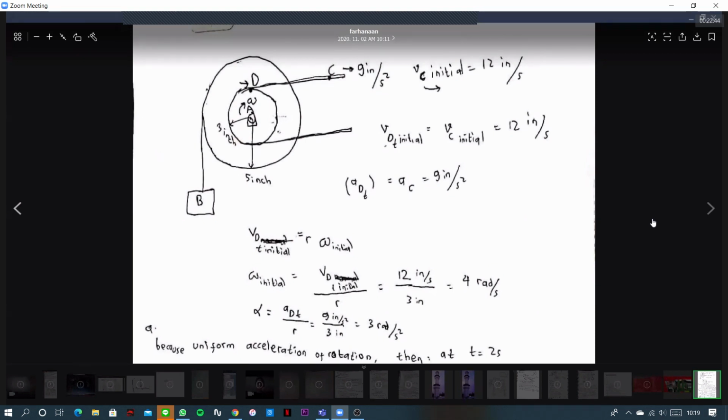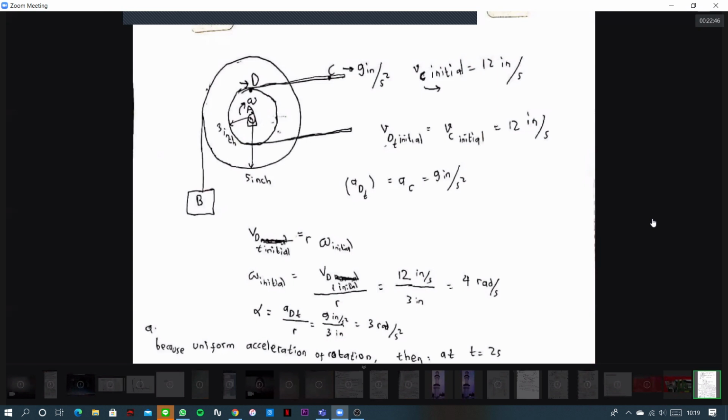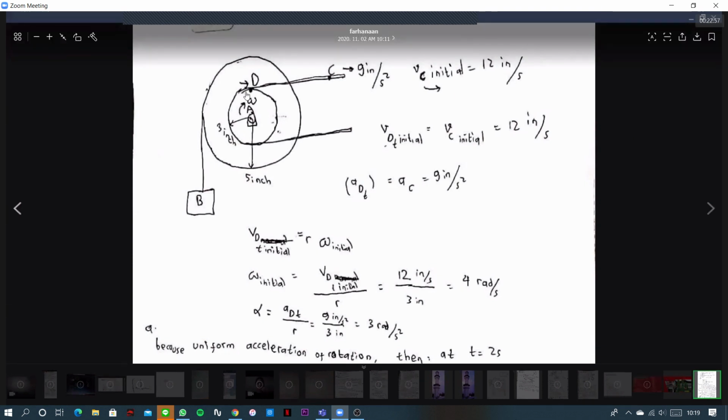So my question is, VD is equal to VC. Why is VD equal to VC? Because point D is connected to the same rope as point C. The question states that the rope is pulled to the right at an acceleration of 9 inches per second squared and a velocity of 12 inches per second.